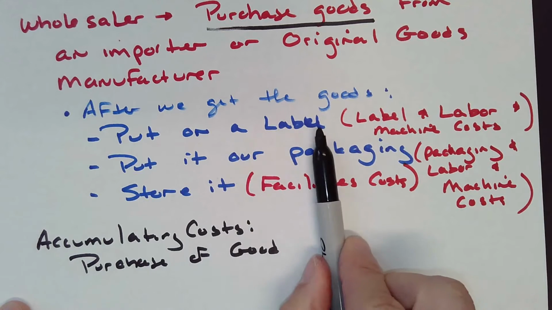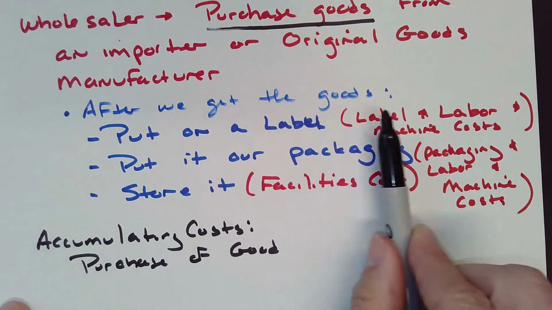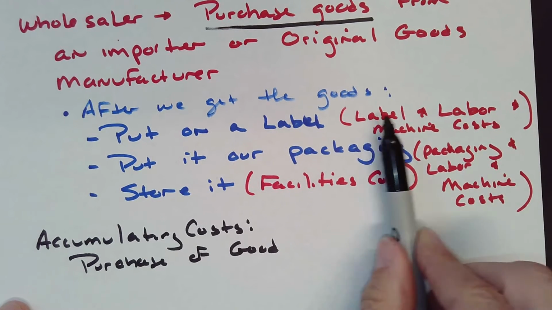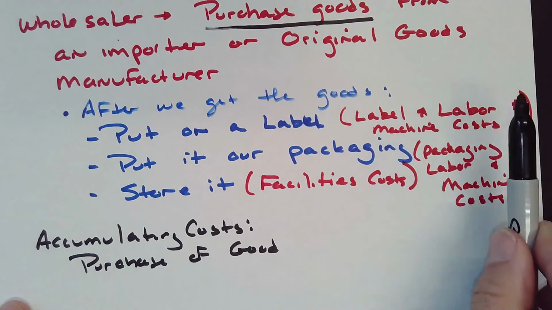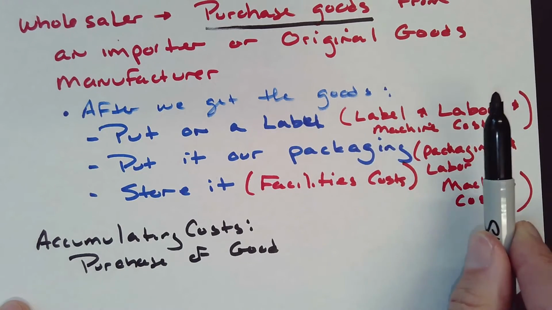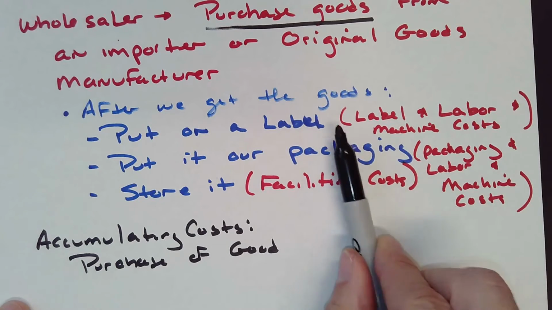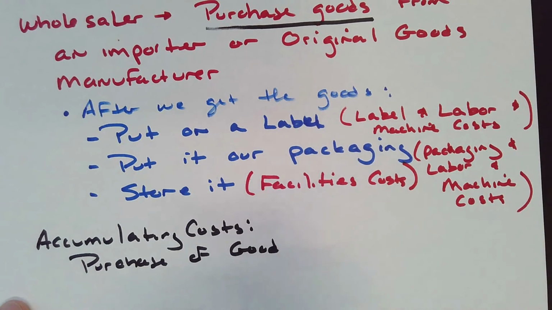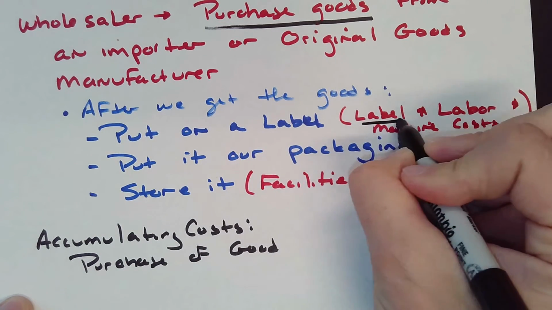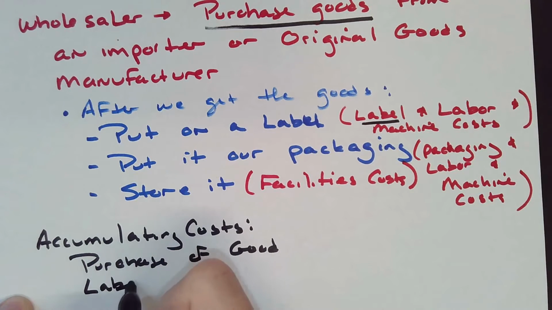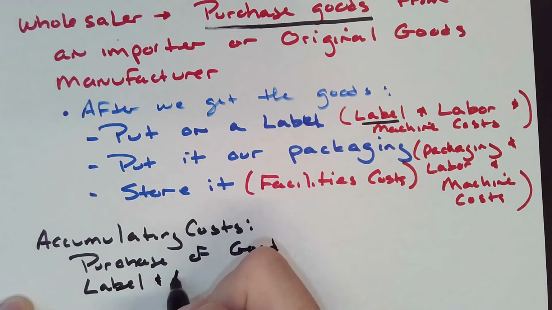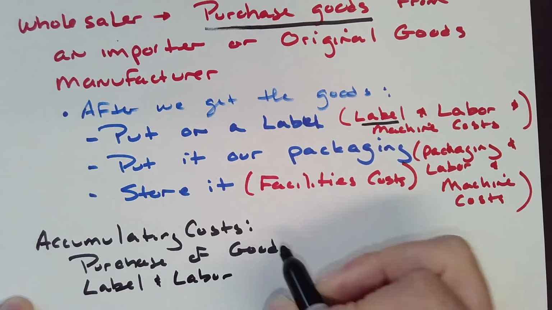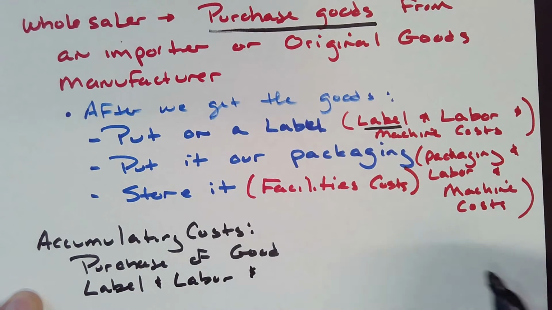Okay. Let's see, we put a label on it. Well, what do you think about this? Label, labor, and machine costs to put the label on. I'm going to say we can probably put some of those costs on there. Clearly the label. Maybe some of the labor. And some of the machine costs.